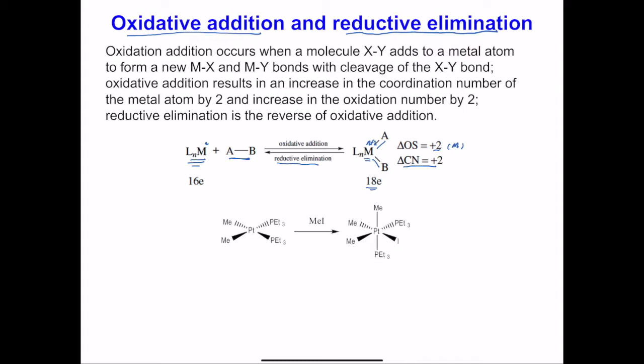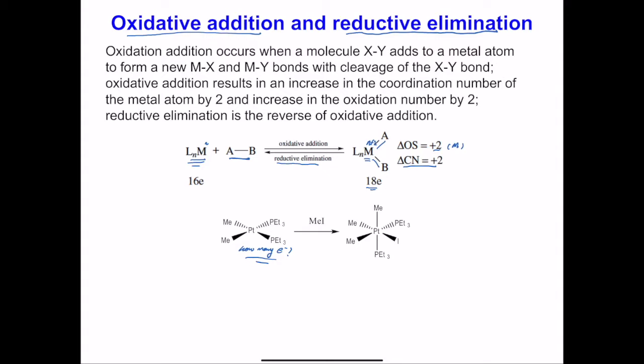Let me show you an example of oxidative addition. Here is a diphosphine dimethyl platinum compound. What's the electron counting? How many valence electrons here? Then how many valence electrons here?